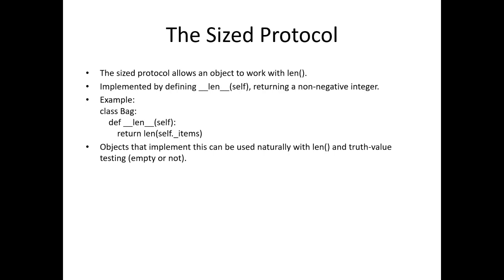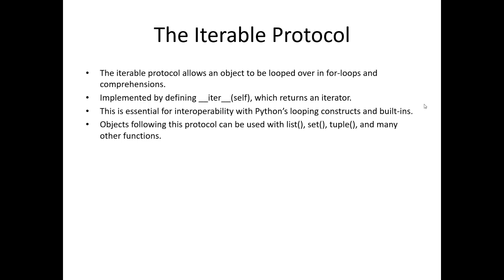Once implemented, your objects can be passed to len, and Python will also use this to determine truthiness: empty collections evaluate to False, non-empty ones to True. The size protocol is essential for making custom containers.